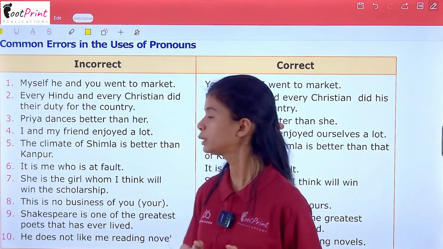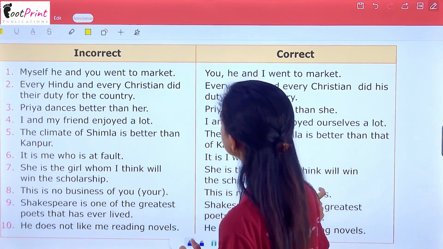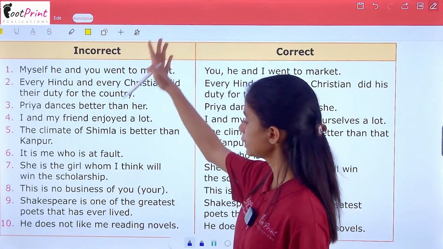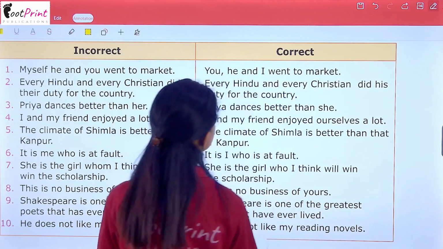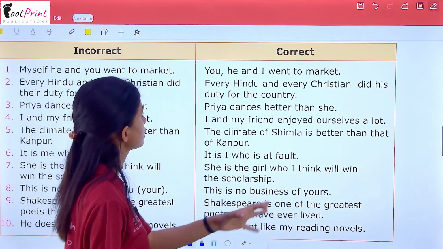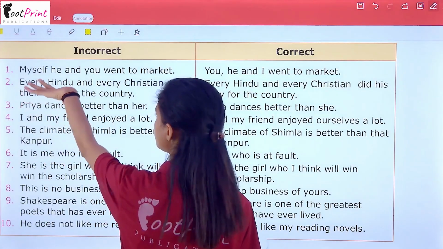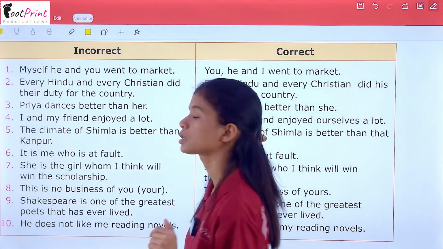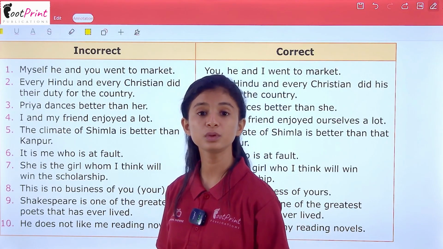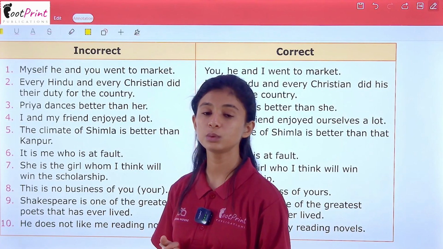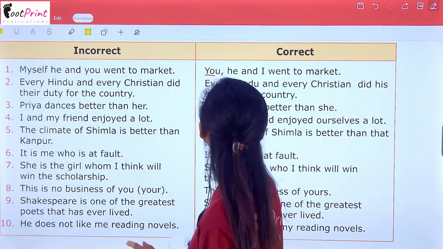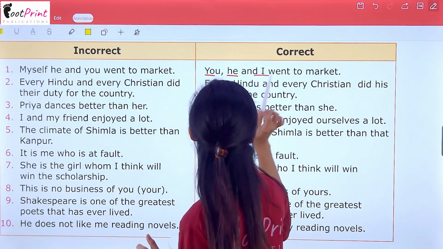Common mistakes that people make in pronouns. So, here in this part we have given the incorrect ones and in this column we are giving the correct ones. So, myself, he and you went to the market. No, you know that we have used an equation to put such sentences. In such sentences we will use the second person first, then the third person and then the first person.